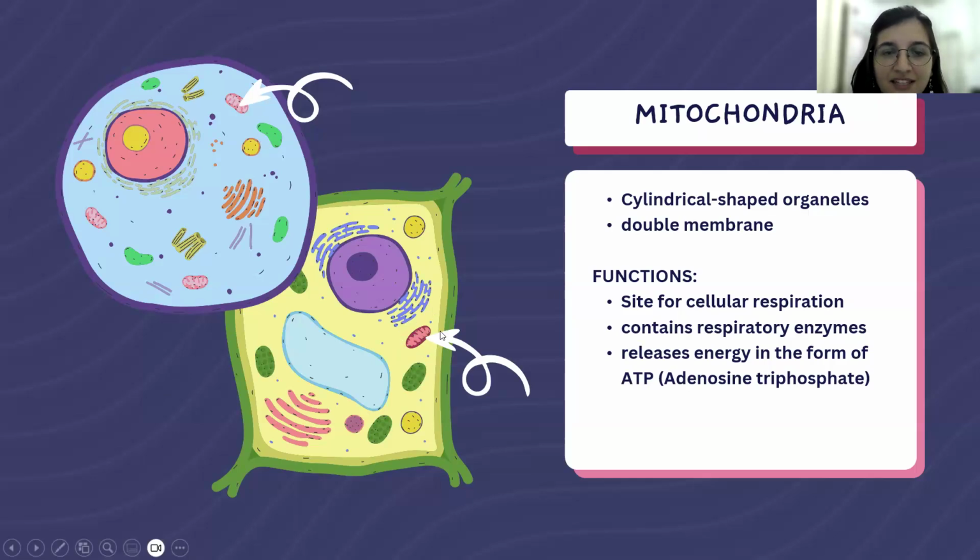The energy is released in a form called ATP. I don't think you need to know the long name for it, adenosine triphosphate, but just know that this is the form of energy that's released by mitochondria. Just remember that mitochondria is the powerhouse of the cell. It is what gives energy to the cell.